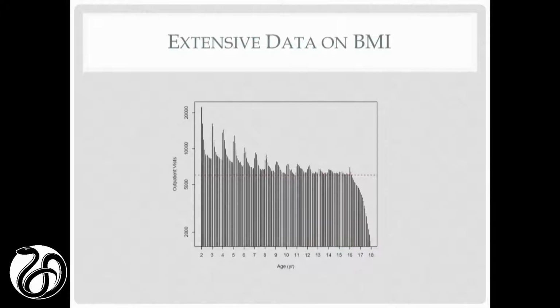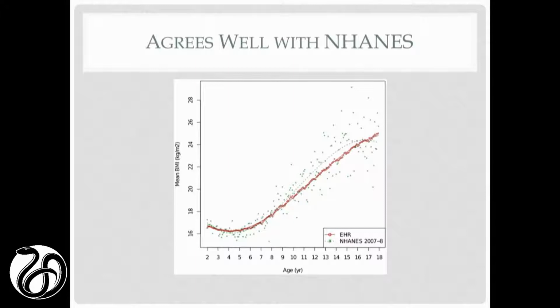This is for populations of girls, and the red line you see is the data that is derived from routine clinical measurements and electronic health records. The data in the green are the weighted sampling results from NHANES, and we were pleased to note that we track NHANES growth curves fairly closely.